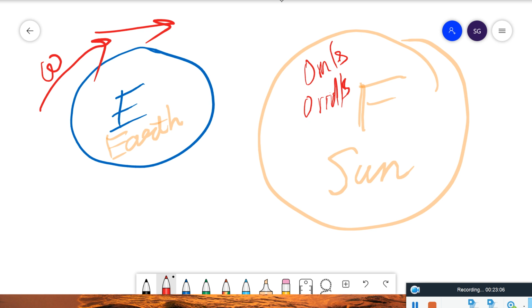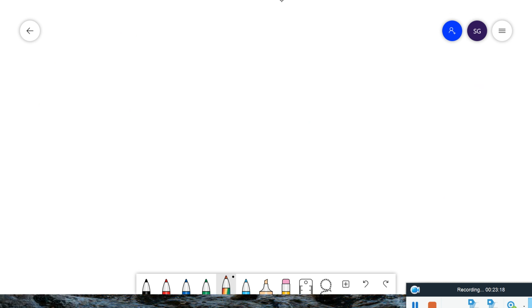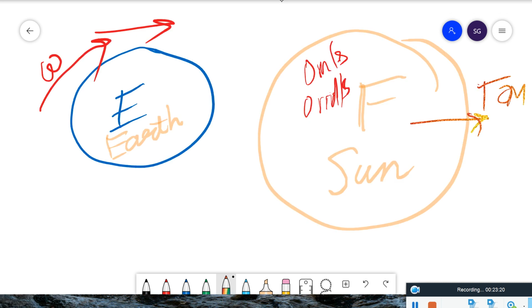So the prerequisite is very important. Now I am removing this sun, because I have considered this as a frame of reference. Since it is 0, I don't need to do anything. This is already at rest. It's very easy.